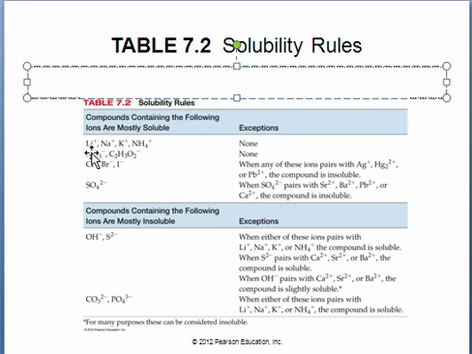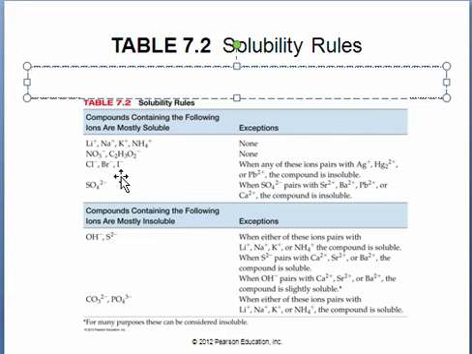So let's look here at our alkali metals, lithium, sodium, potassium, and then this polyatomic ammonium, as well as these two anions, nitrate and acetate. As long as an ionic compound has any of these ions, it is always going to be soluble. Now, if a compound has these halogens, chloride, bromide, or iodide, it is usually soluble.